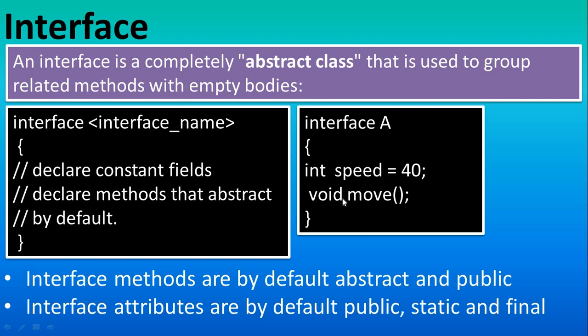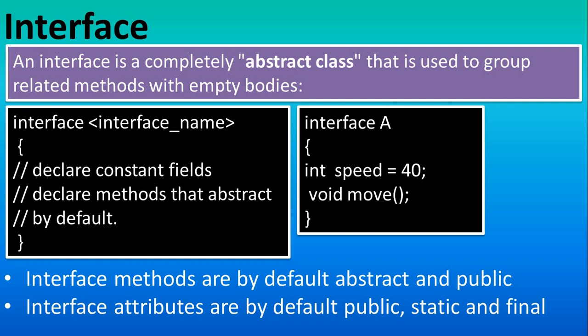It doesn't support other access specifiers because interface methods are by default abstract and public. Either we don't write the access specifier, or if we write it, we use public.